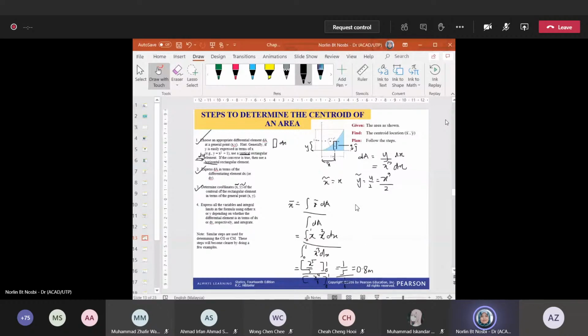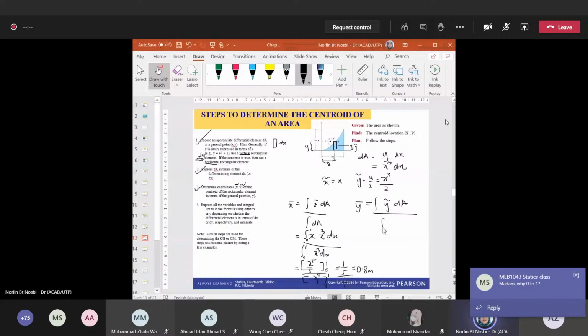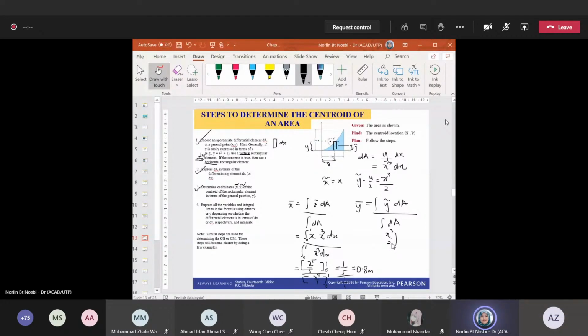Okay, how about the y bar? The y bar is equal to the integral of y tilde times dA over the integral of dA. So you can replace it. For y, this y tilde is x^3 over 2, and the dA is x^3 dx.